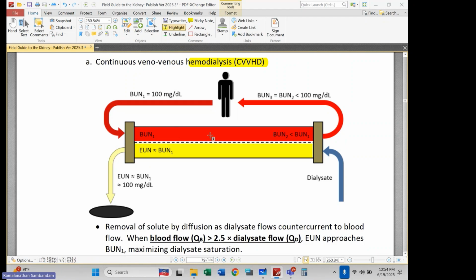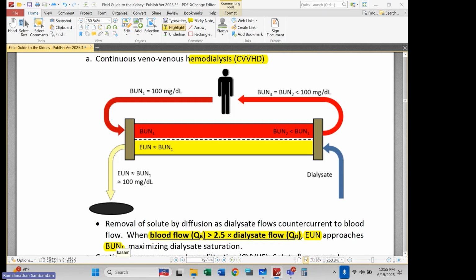Because again, the blood urea nitrogen in essence does not drop when you have sufficiently fast blood flow rates. What is that sufficiently fast blood flow rate? As long as blood flow rates are 2.5 times my dialysate flow rate, then you know that my EUN is approaching BUN, okay?